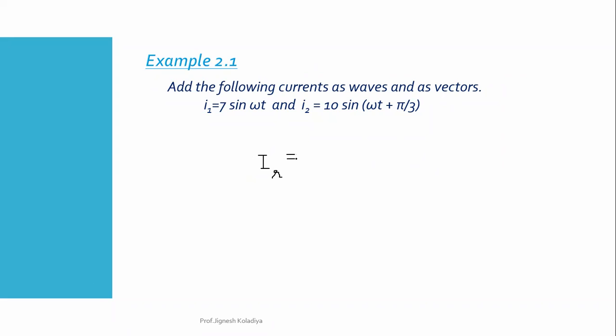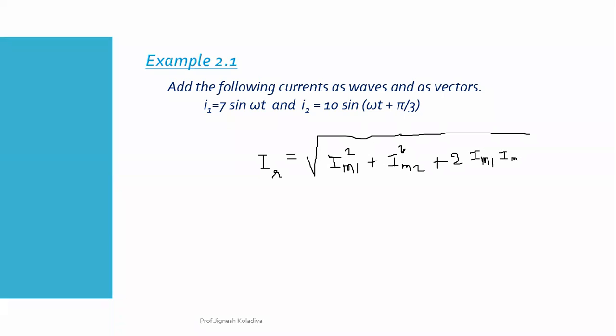Resultant IR is equal to square root of Im1 square plus Im2 square plus 2 Im1 Im2 into cos theta, right?